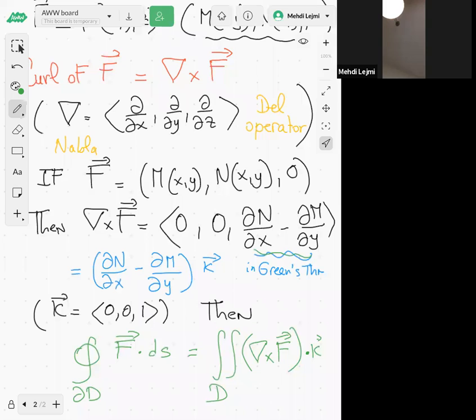That gives you exactly this component, dA. dA, of course, is just the area element.